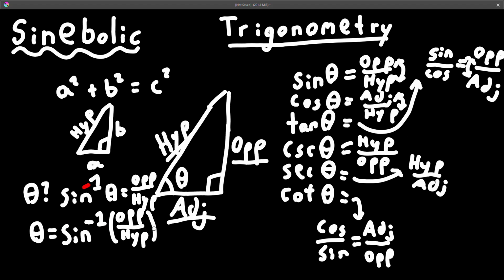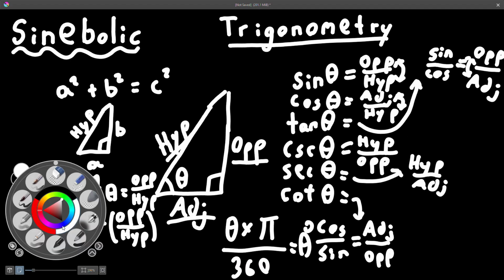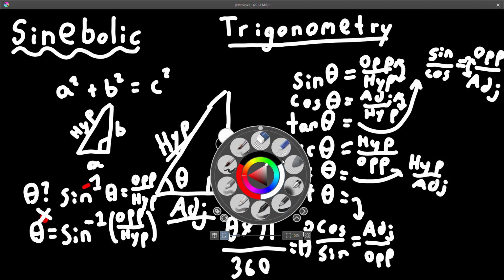Not theta degrees, which to calculate degrees would be theta times pi over 360 equals theta degrees. No. This is for theta. There is no degrees. All right.